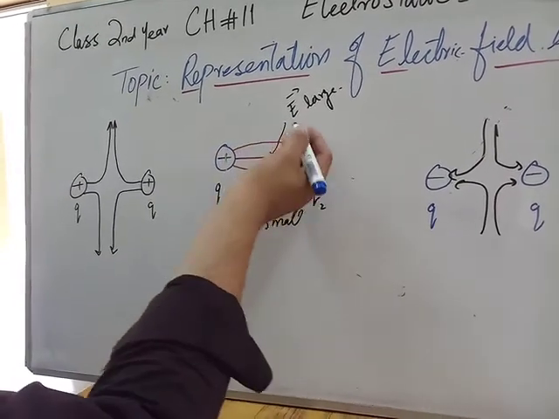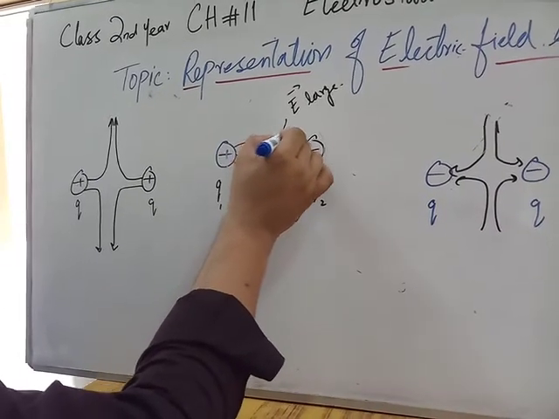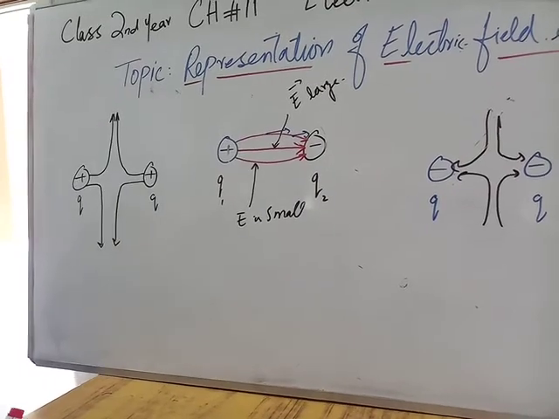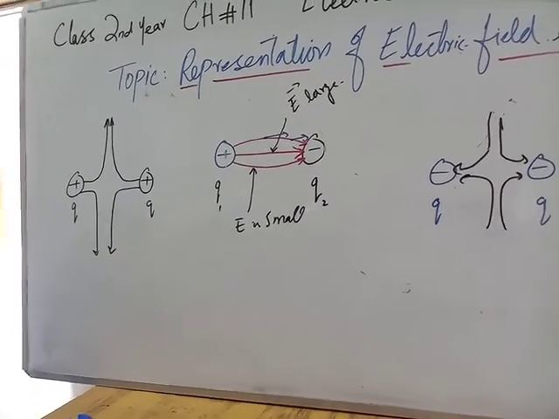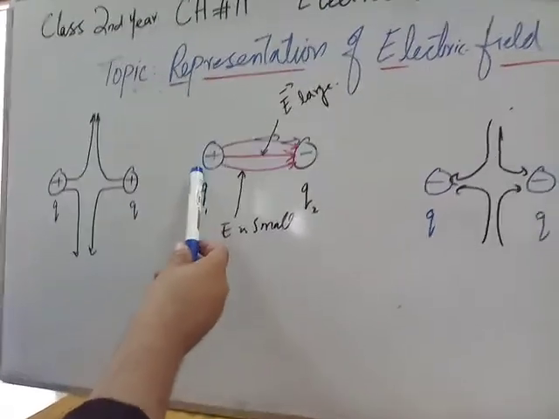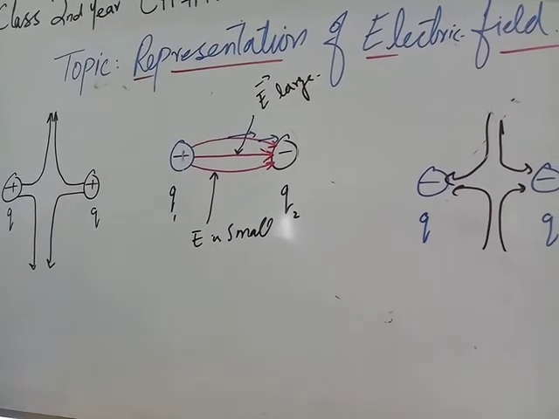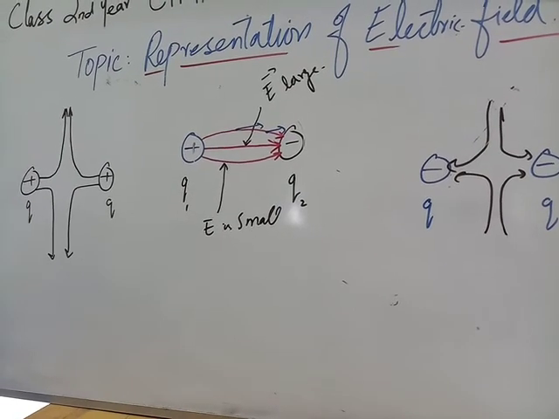If we draw a perpendicular or vector at every point like this, it indicates the direction of the electric field line at that point. So the properties of electric field lines are that they originate from positive and end on negative, and the tangent at every point gives the direction of the electric field line at that position.